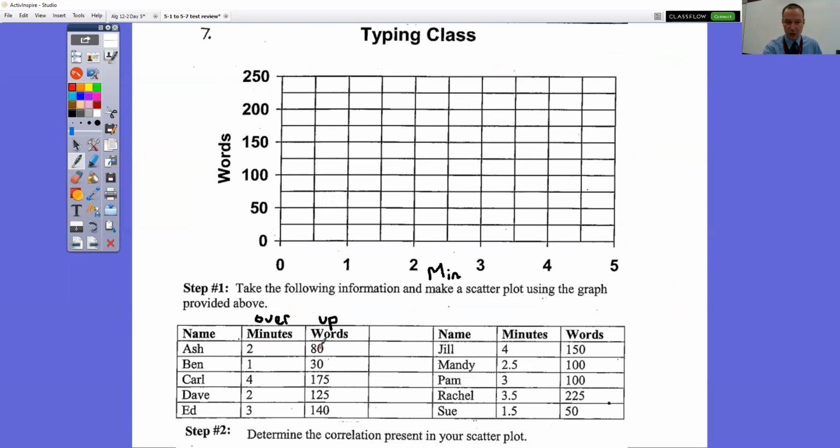We'd be graphing 2 and 80. So we'd be going over to 2, up to approximately where 80 would be.